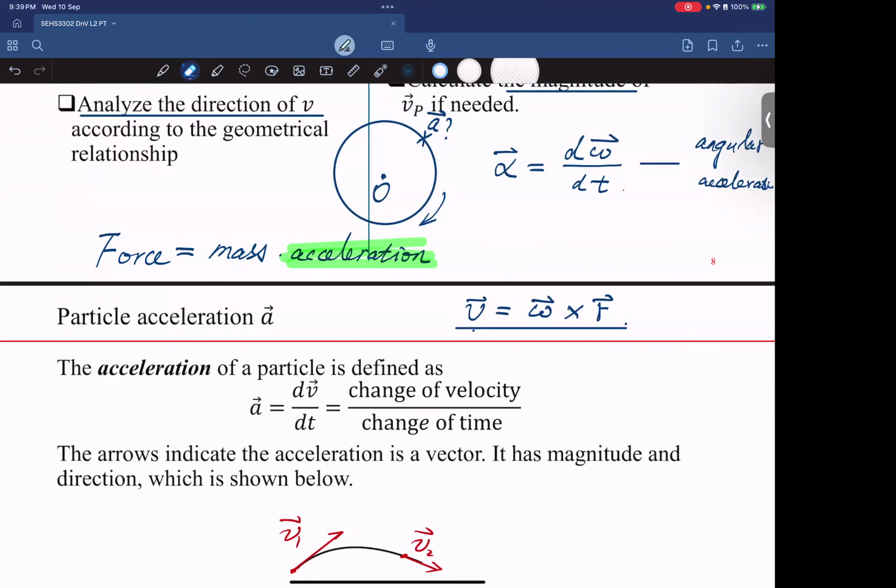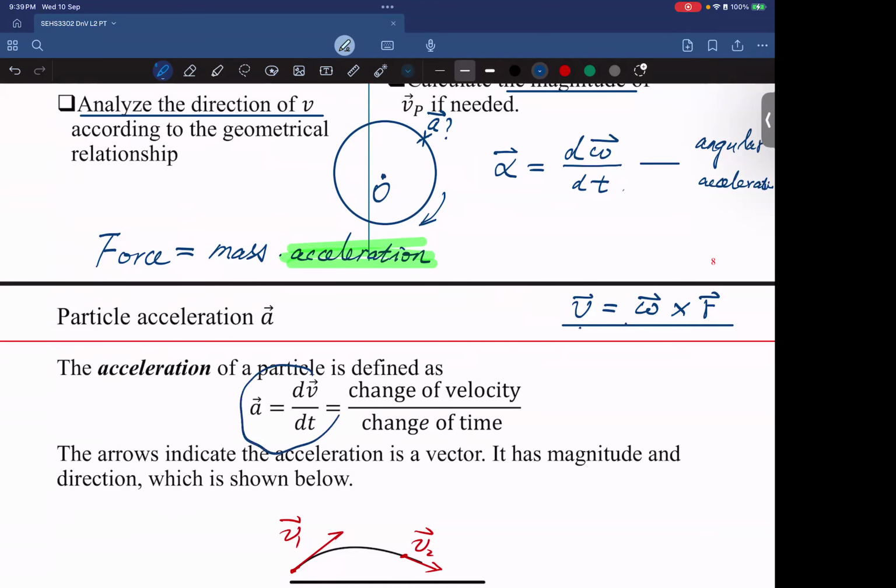So we know this is the velocity, and the acceleration can simply be derived from the velocity. By definition, acceleration is dv over dt, right? It's the change of velocity over the change of time, the rate of velocity change.